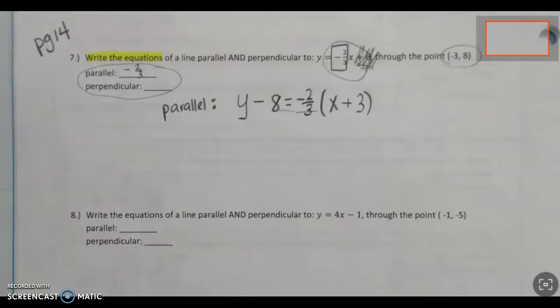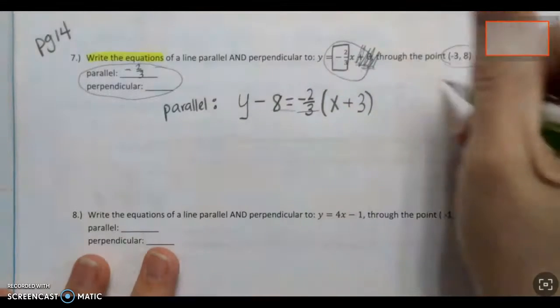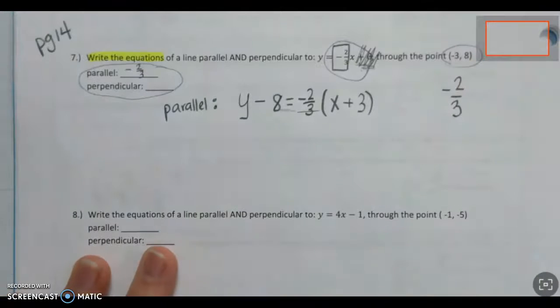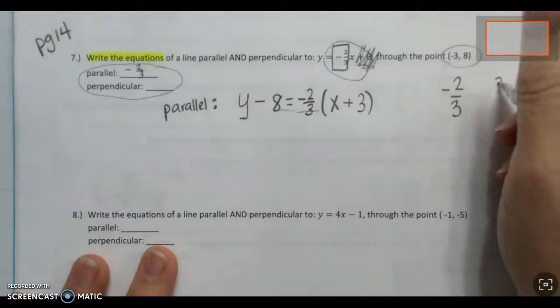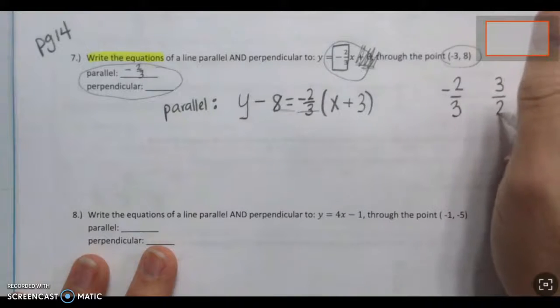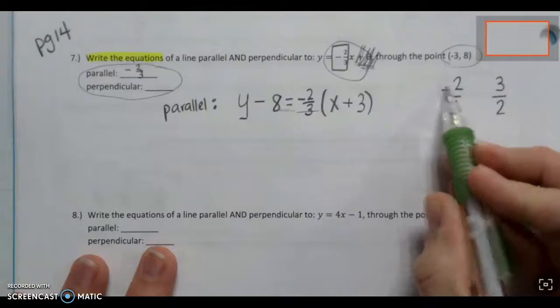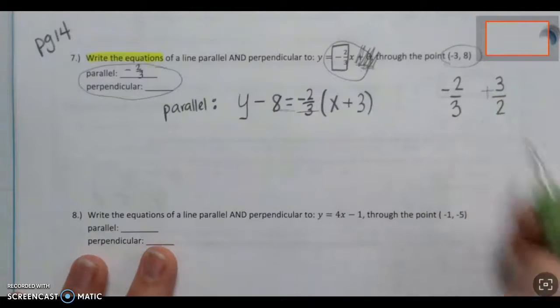Now, in order to do perpendicular, if my original slope is -2/3, yesterday we learned that for perpendicular, we need to flip the slope upside down and change the sign. It's currently negative, so I'm going to change it to be positive.